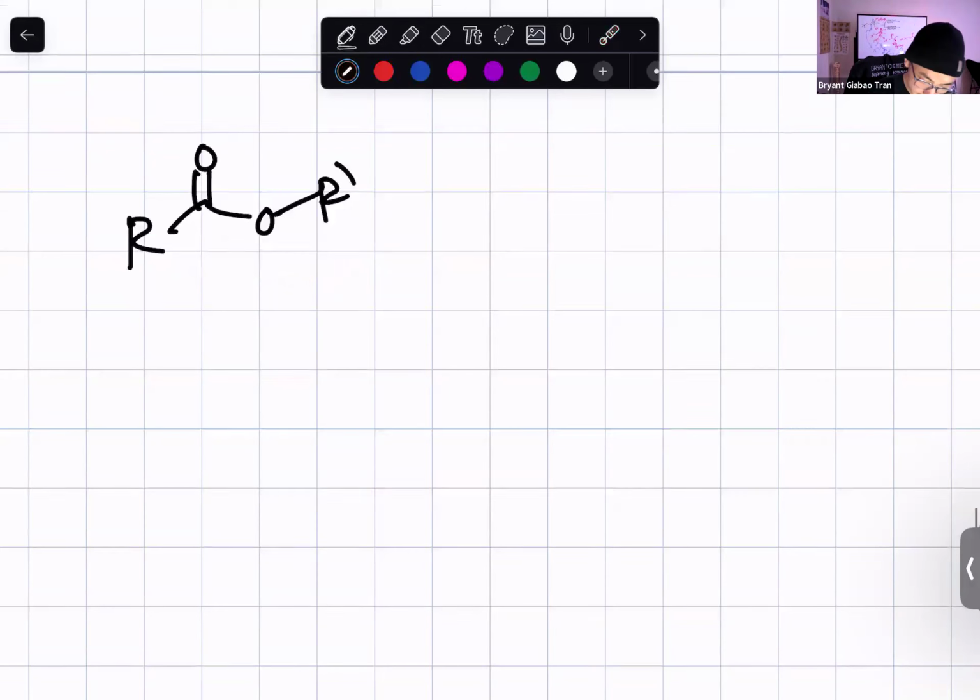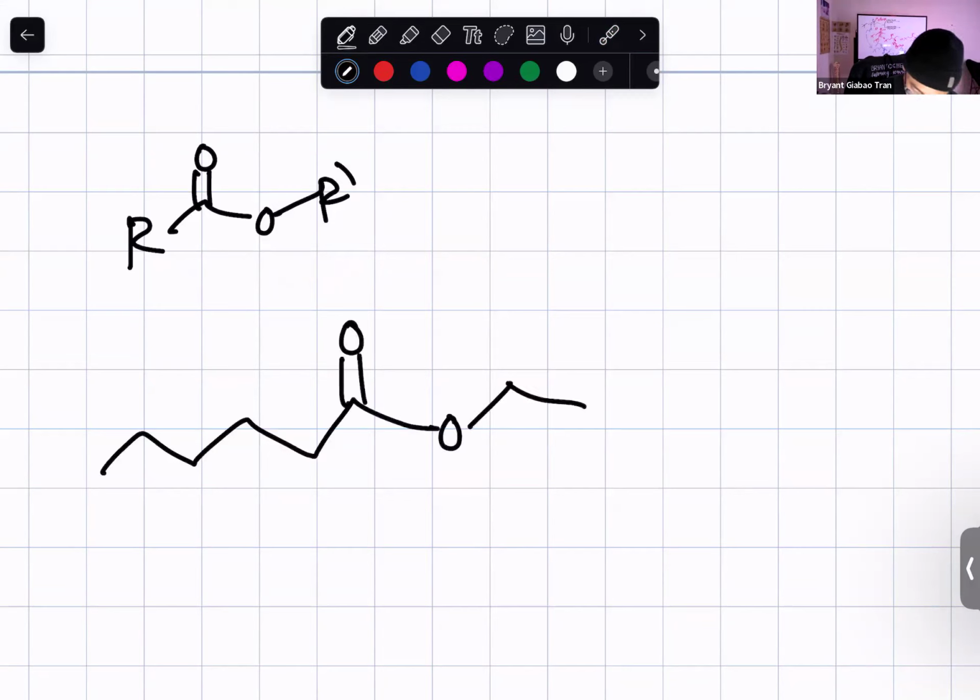For example, let's give a very simple ester example. Something like this, right? Whatever is attached to the OR group is going to be the first word of the nomenclature. We see there's 2 carbons attached to that R group, so that's an ethyl group.